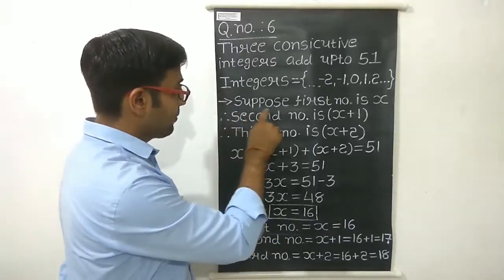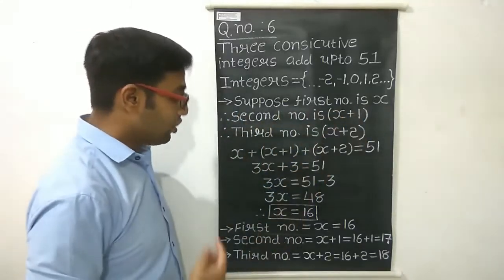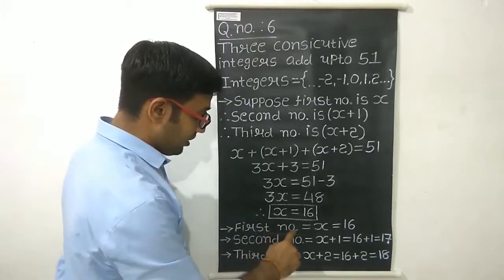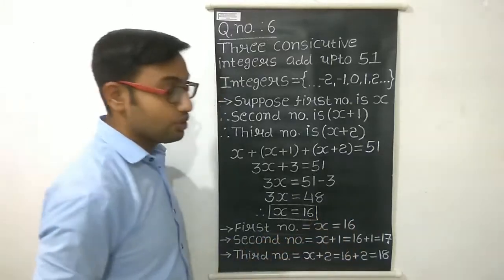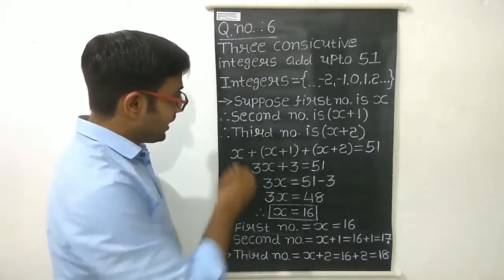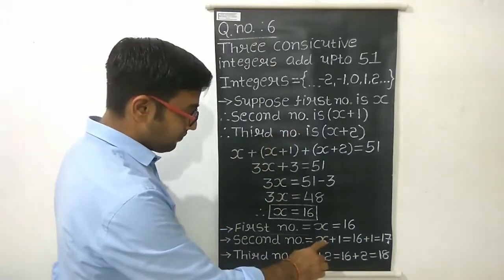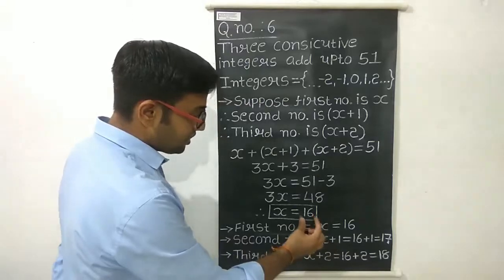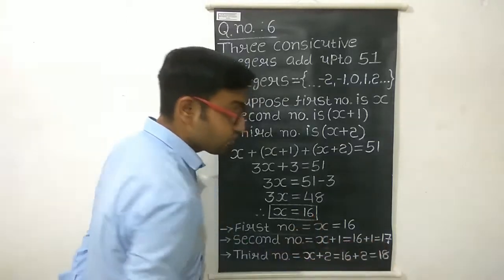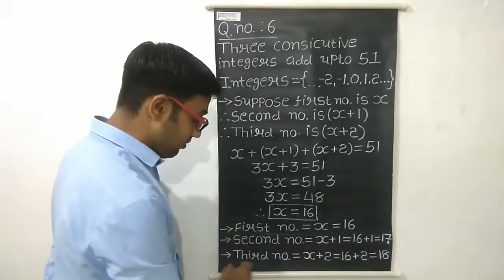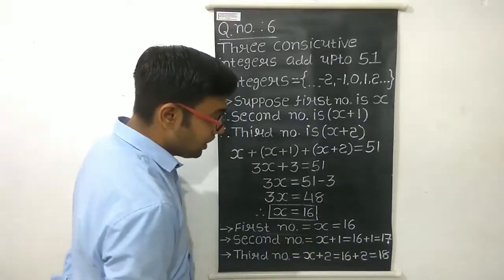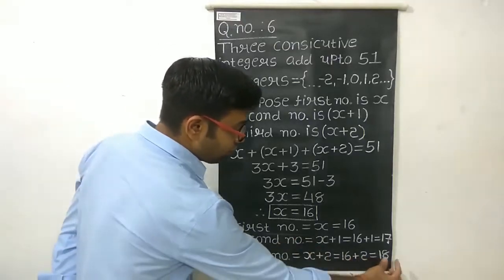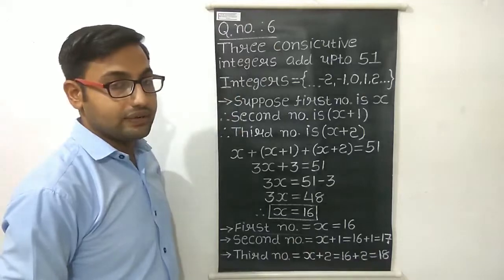Now see here, we supposed the first number as x. So our first integer is x, that is 16. The second number is x plus 1, so instead of x we put 16: 16 plus 1 equals 17. And our third number is x plus 2, that is 16 plus 2 equals 18.